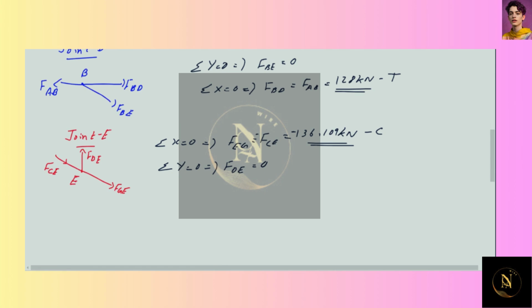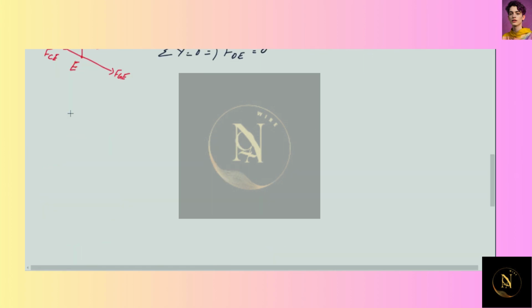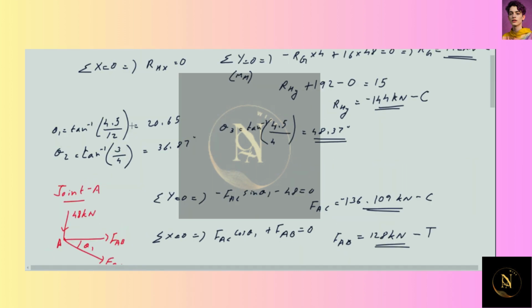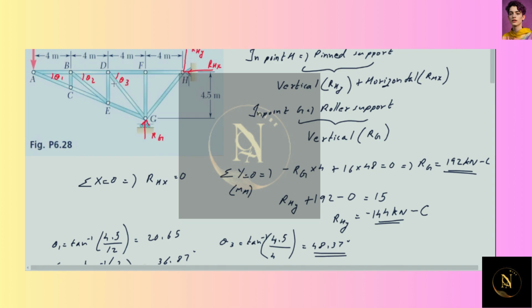Let's take joint D. So if this is joint D, this is FDE, this is FBD, and this is FDE, FDG.